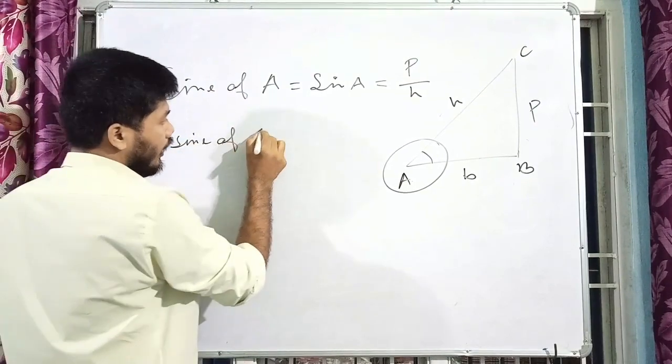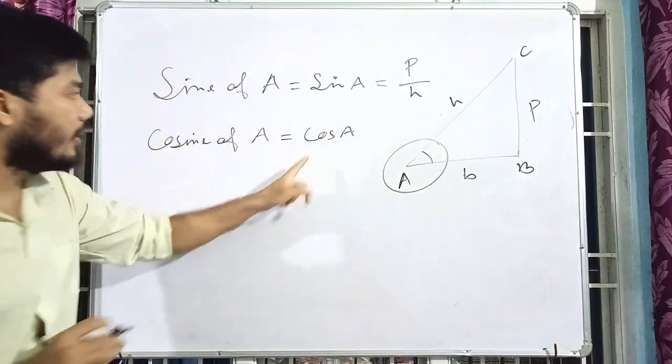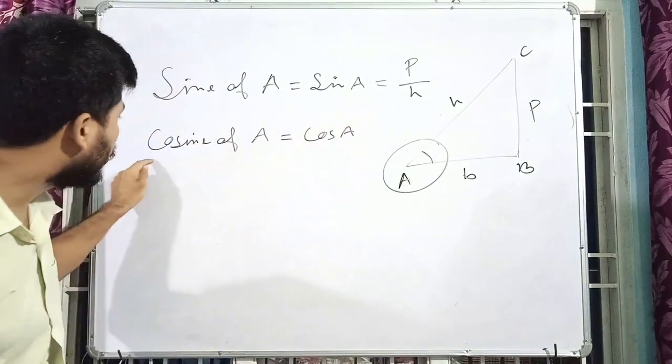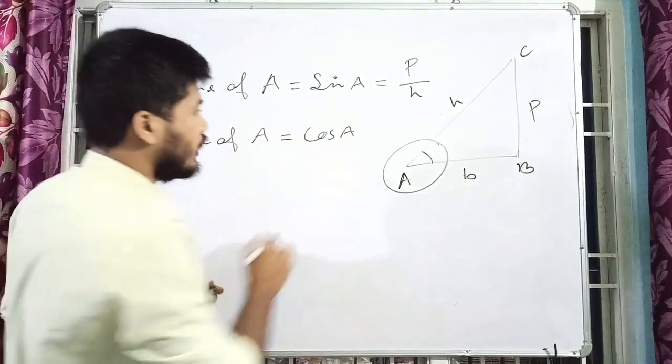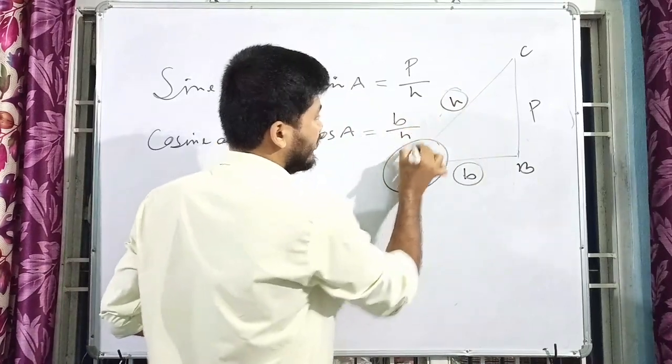Similarly, cosine of A is shortly written as cos A, and this is B by H, base to the hypotenuse.